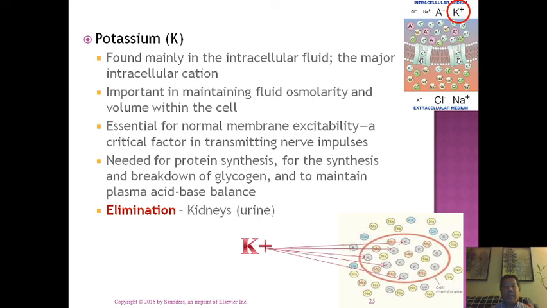So the kidney function in maintaining the potassium level in the blood is really critical. So any damage to the kidneys will create a big impact to the function, not just of the heart, but of the muscles as well.